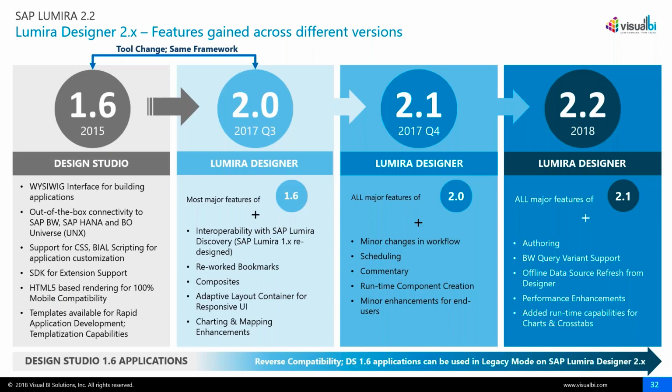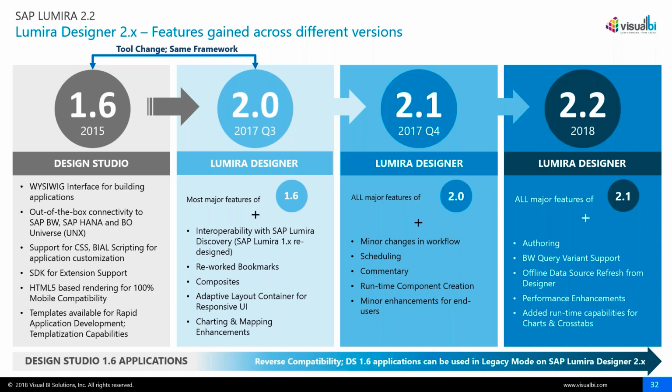Now, as you can see over here, moving from Design Studio 1.6 to Lumira Designer brings about a host of different changes. The architecture of the tool is still going to be the same with respect to Designer. But one thing customers will need to consider is that Lumira Designer 2.0 and upwards drops the option to continue using SAP UI5 Performance mode, which was available until 1.6.